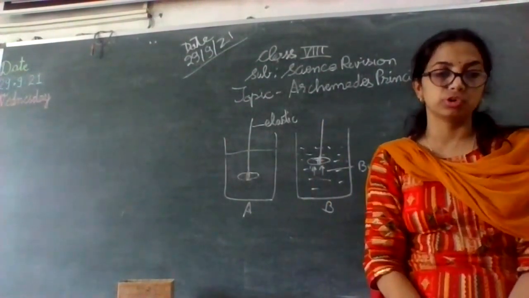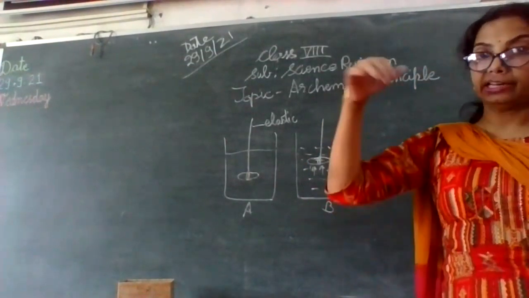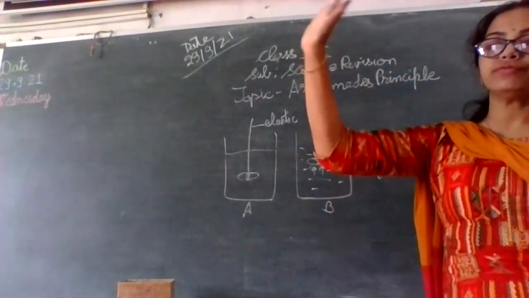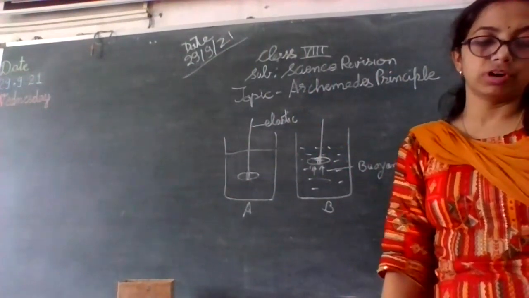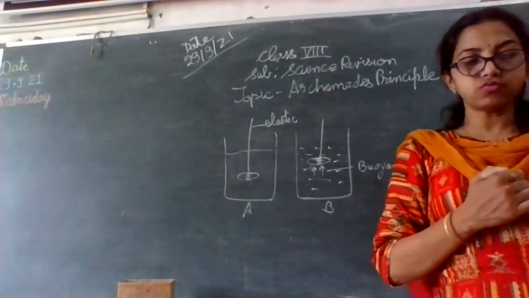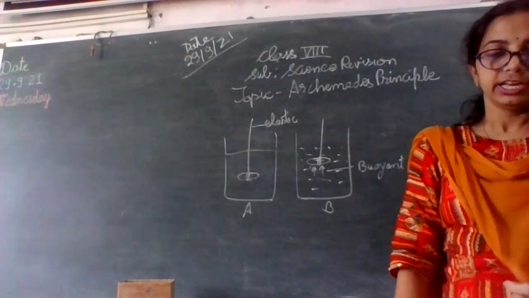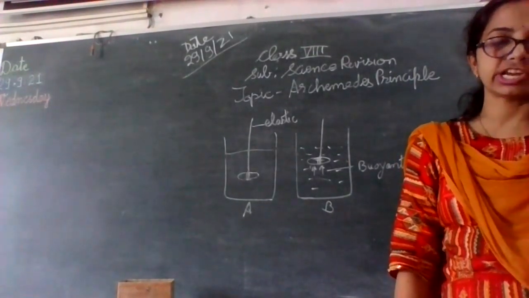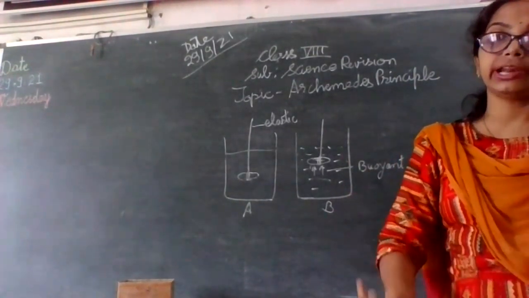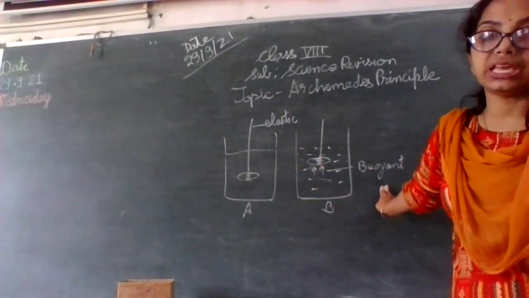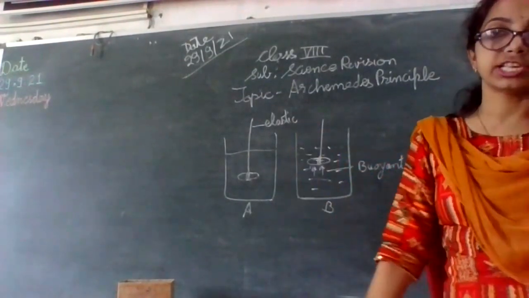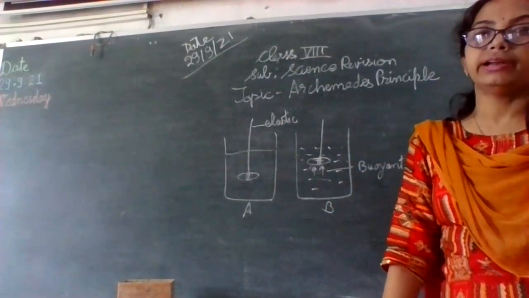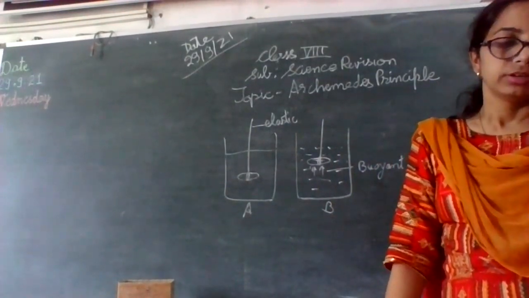The stone's weight acts downward and the buoyant force is pushing it upward. Now the force which acts on it in the downward direction can be easily reduced in case B, when the buoyant force is opposing the direction of the stone.